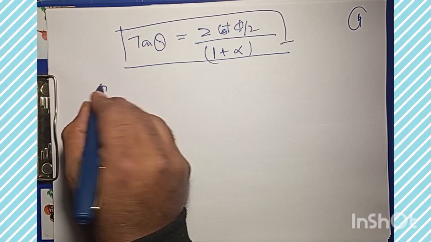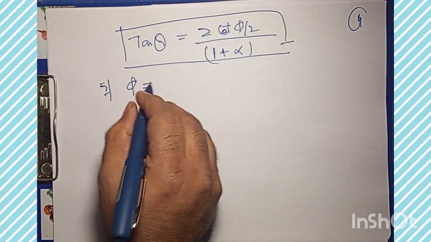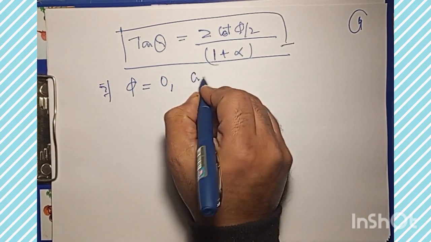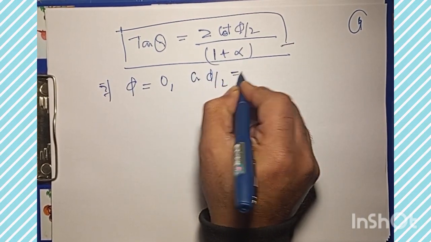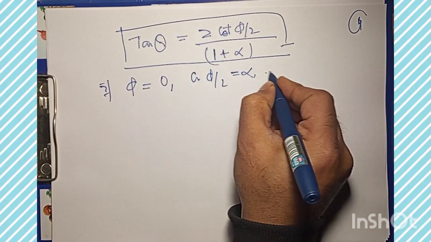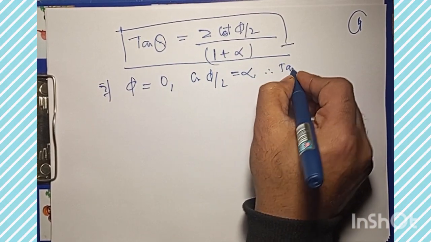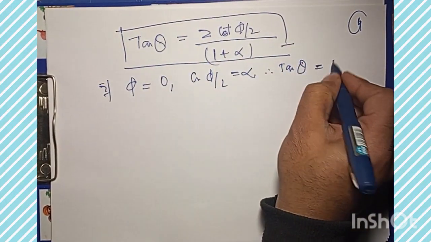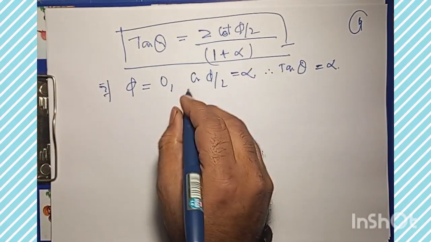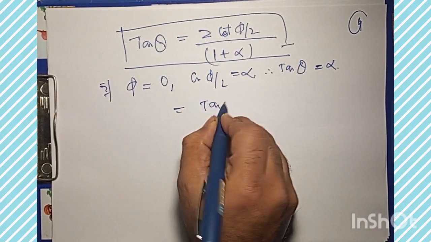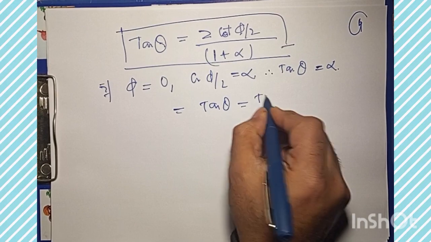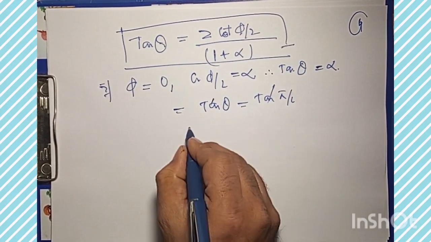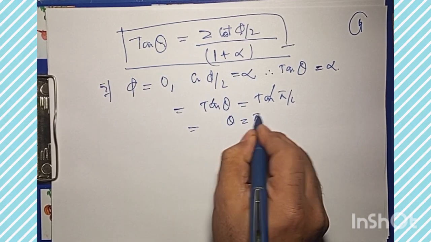Now, if this phi is chosen as 0, what we get here is cos phi by 2, it will be infinity, and therefore, what will be tan theta in this case? Tan theta will be infinity. Now, if tan theta is infinity, I can have tan theta equal to tan pi by 2. So this tan can be removed, and we have theta equal to pi by 2.